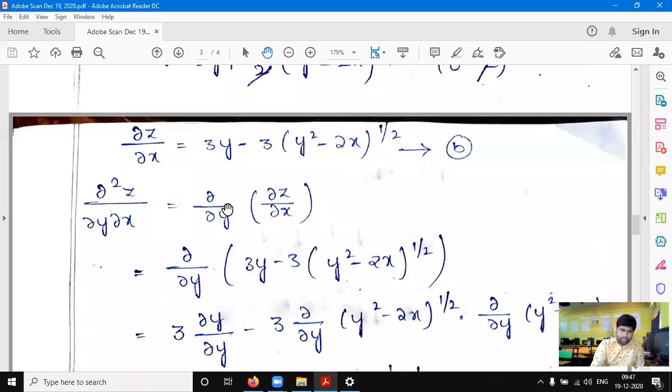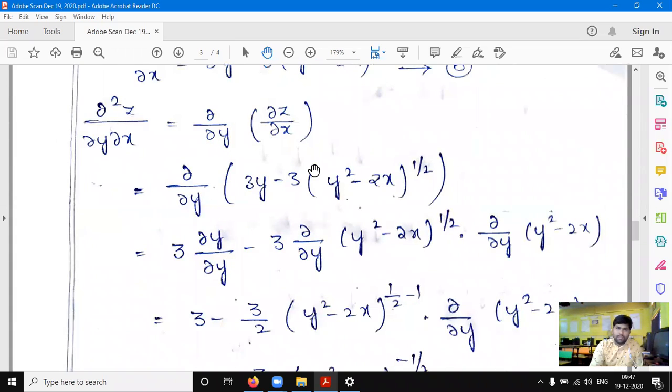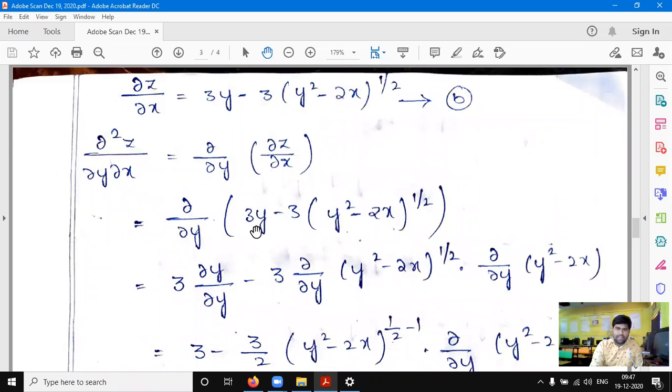So next, we actually want dou square z by dou y dou x. We have calculated dou z by dou x, so again apply dou by dou y to it. Dou by dou y of dou z by dou x is this one: 3y minus 3 into (y square minus 2x) all to the power of 1 by 2.